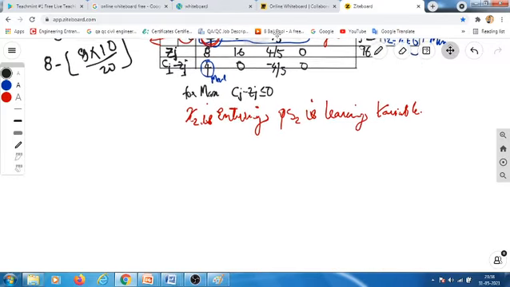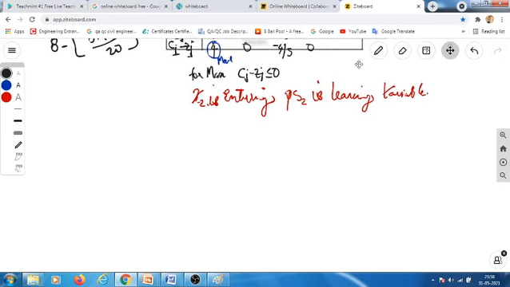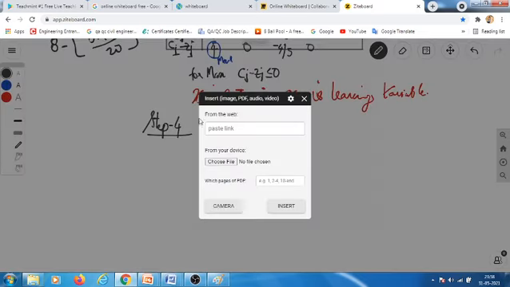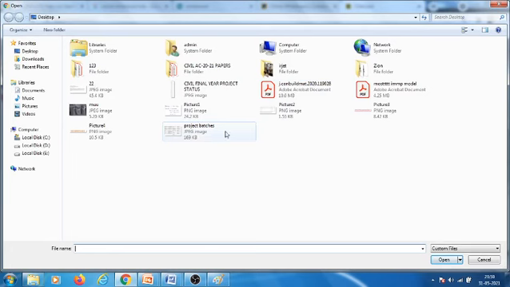Next let us go for step 4, iteration 2. For iteration 2, what do we need? We need a table. So let us insert this table.